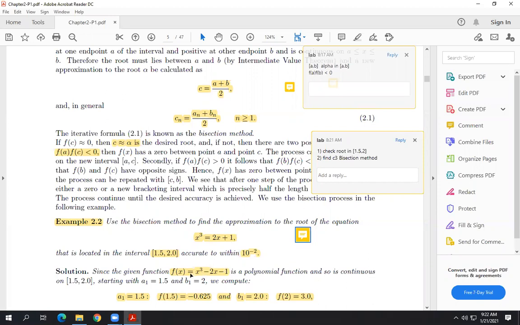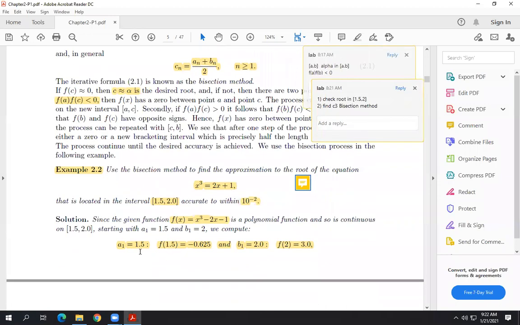Now you have to check that the values of the function at the endpoints of the interval have opposite signs, a negative and a positive. Now you use the calculator. The value of the function at 1.5 is minus 0.625. The value of the function at 2 is 3. It means it is 100% guaranteed that one of the roots of this equation is inside the interval. We finished the first part.